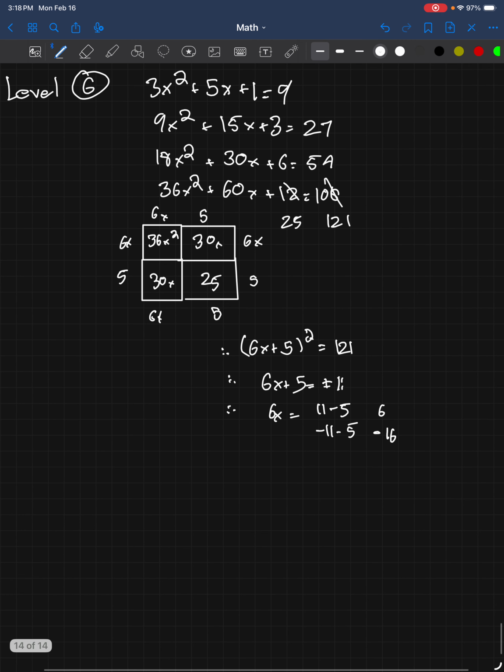And now we divide by 6. x equals either 1 or negative 16 over 6, so it equals negative 8 over 3.